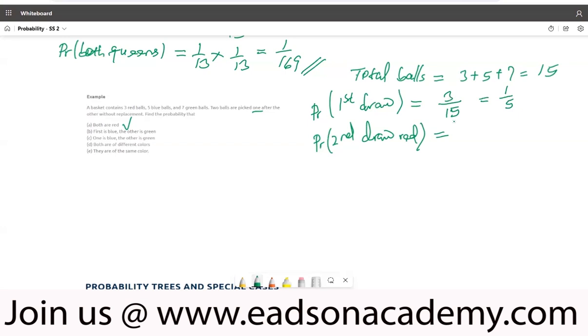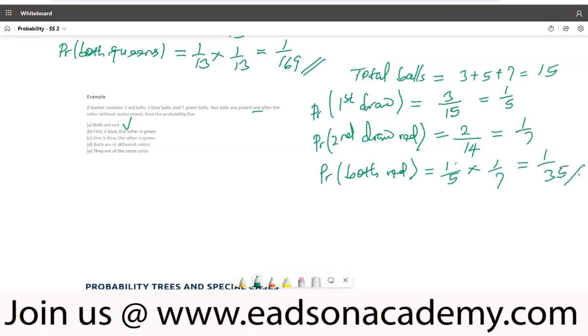So the total number of red now becomes 2, and the total number of balls becomes 14. So the probability that both are red is 1 over 5 times, let me reduce this, 2 over 14, which is 1 over 7. So 1 over 5 times 1 over 7, which is 1 over 35. Then that's question A.